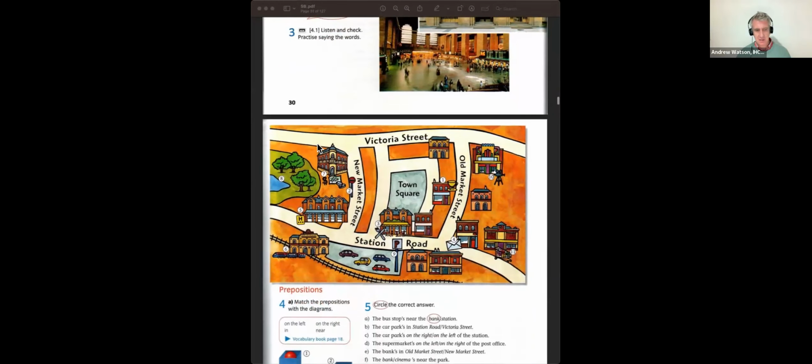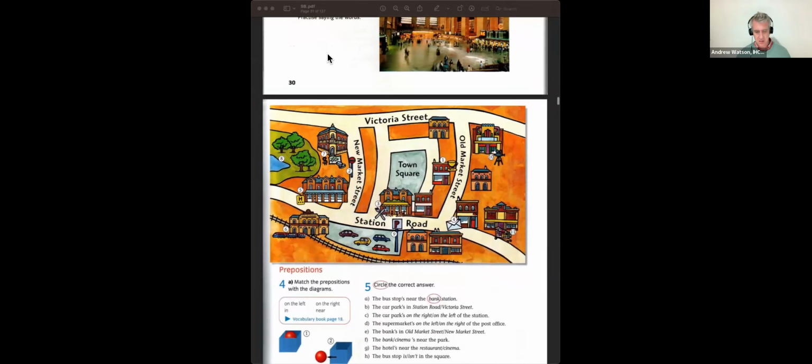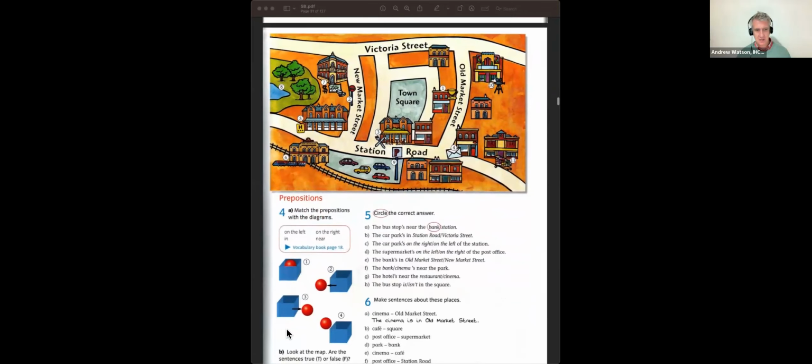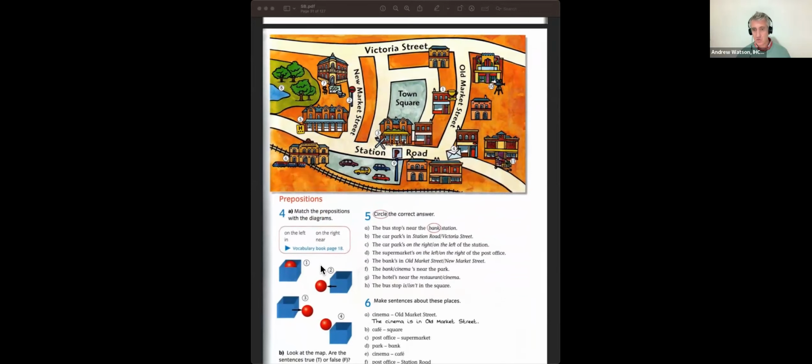Exercise 3, I mean, that's kind of useful. It could be omitted, but you're going to need to do number 4, because this is like the meaning of the prepositions. So that's your meaning work.